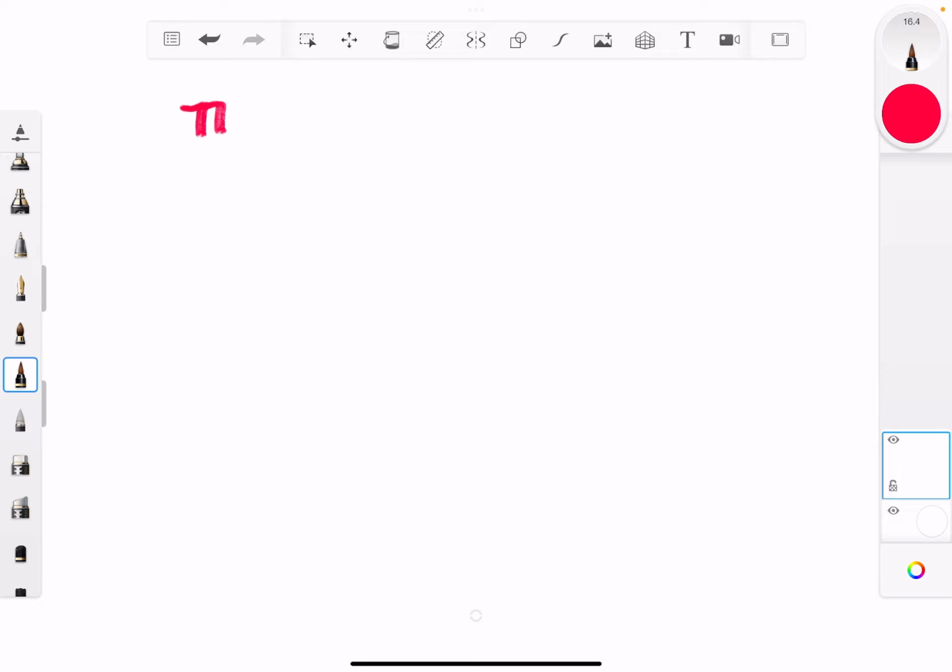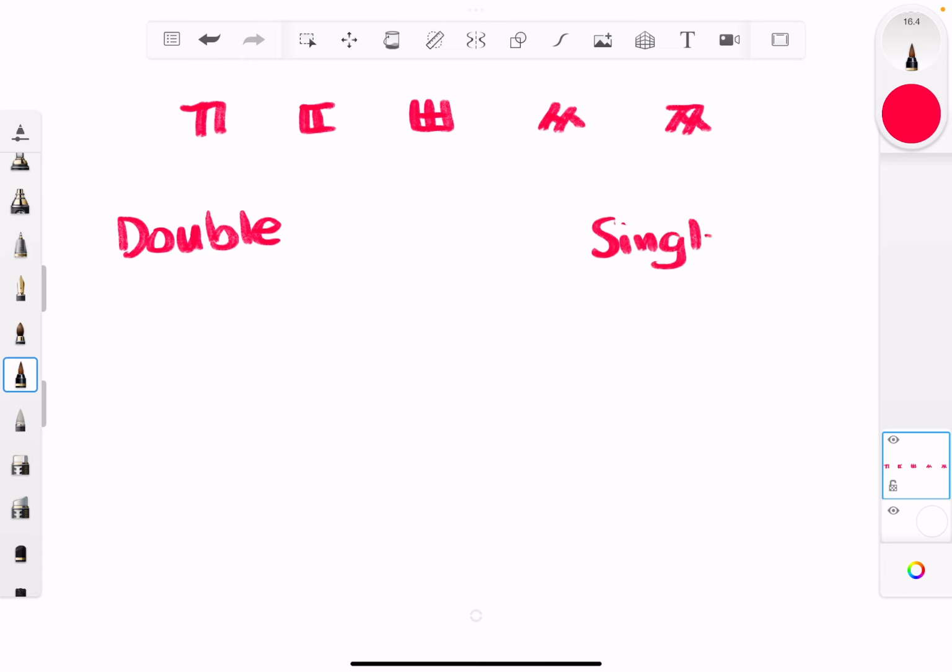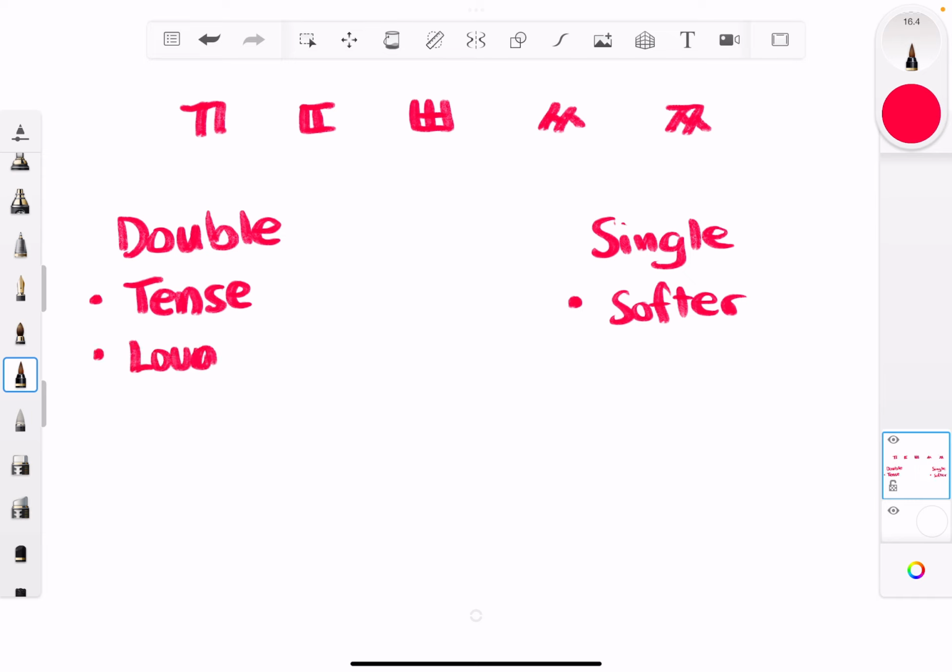G, D, B, S, Z. Okay, so double consonants are tense. They're pronounced more tense, and single consonants are softer. Sometimes students say that double consonants just sound louder, but this is not necessarily true.